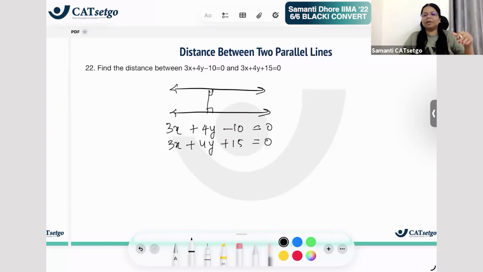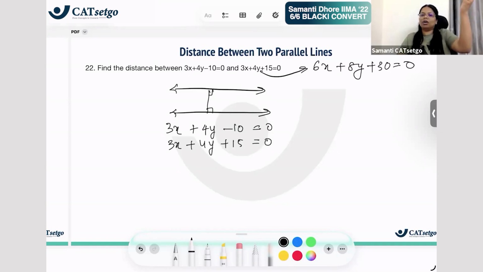So first step will always be, because the ratios are going to be same. Like let's say if this question was given as 3x plus 8y plus 30 equals to 0. They could give this, right? Literally they have multiplied everything by 2. And we would know that 3 by 6 equals to 4 by 8. But it's not equal to 10 by 30. So we would know that this is a parallel line, right? So first we will strip it down and we'll bring all of these same, A and B same.